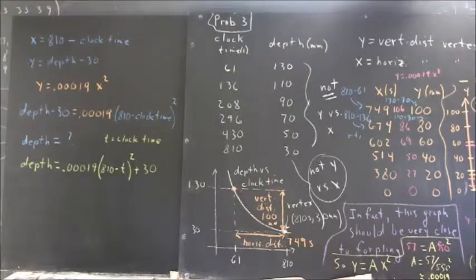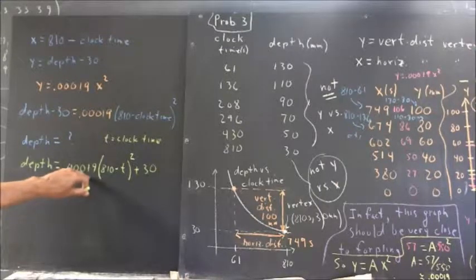Now, we could expand the square and get this in slightly different terms. So I'm going to do that off camera. I'm going to have to do a little work here. I'm going to have to square 810, which is about 640,000, interpolate 660,000 to the nearest 10,000.